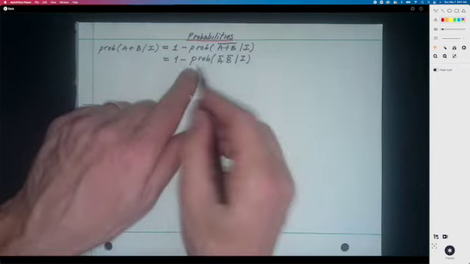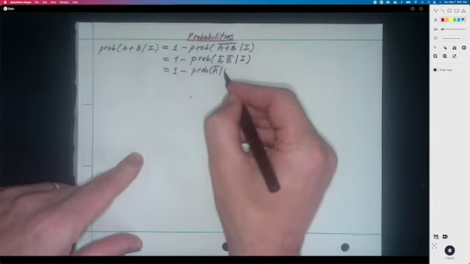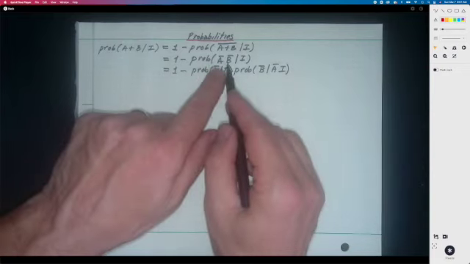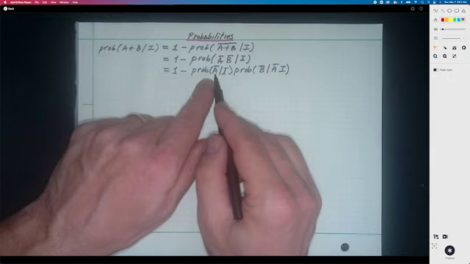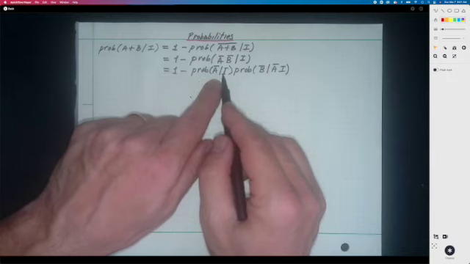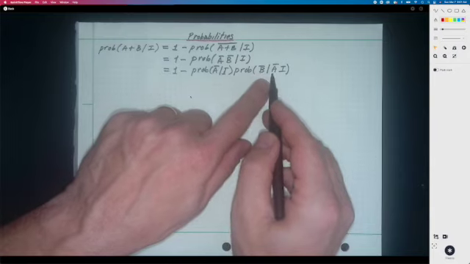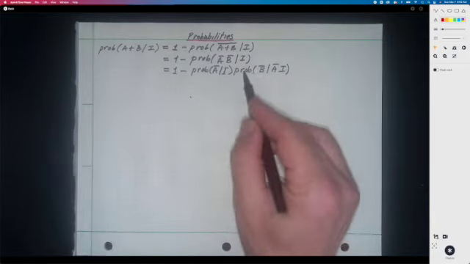And now we're going to manipulate the second term using the product rule. So the joint probability for not A and not B being true is the same as the probability of not A being true multiplied by the probability of not B being true conditioned on not A. And now we're going to rewrite the second term using the sum rule again.